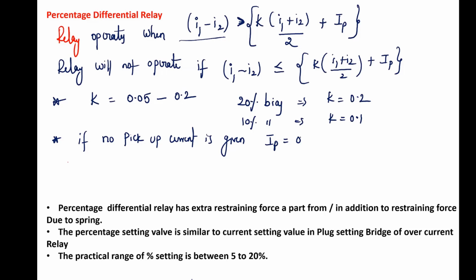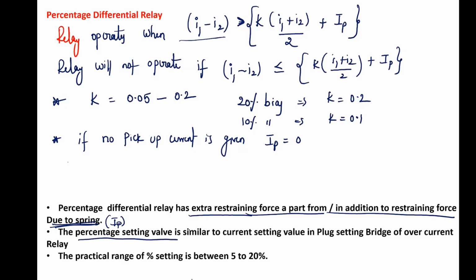Okay, in the percentage differential relay, what we have seen is an additional extra restraining force apart from the restraining force of the spring, that is IP. The spring is causing that minimum current, the pickup current. So an extra restraining force by adding extra ampere turns is provided in addition to the restraining force of the spring.